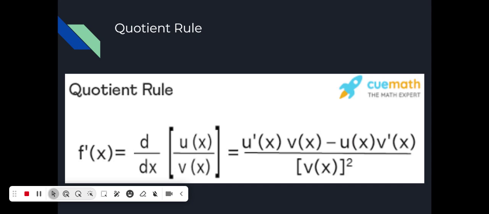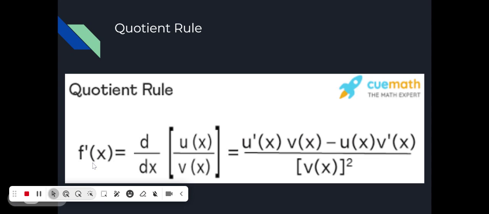The quotient rule. This is by far the hardest rule, and I just looked at it and kept practicing until I memorized it, and it comes naturally once you go through the process. The quotient rule is basically the same thing as the product rule. Say you have u of x over v of x.